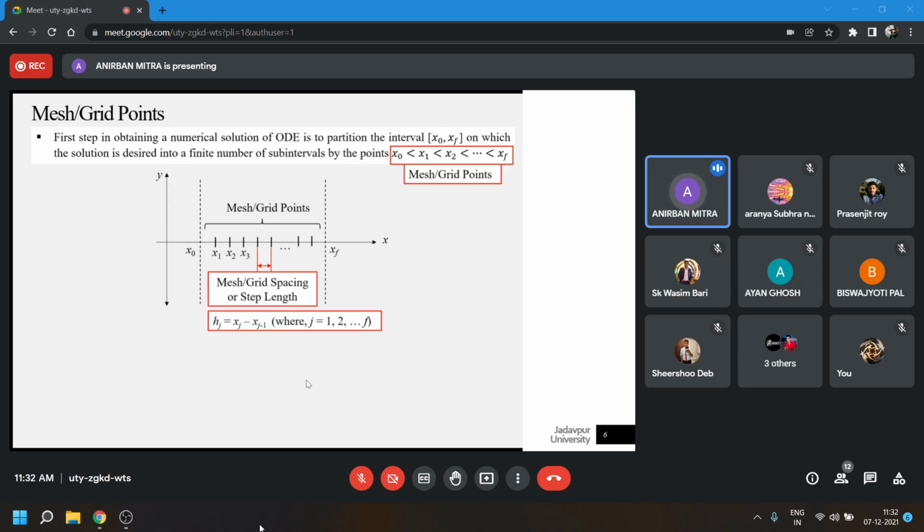The step length can be expressed as follows, where hj, which is the jth step, is equal to xj minus xj minus 1. So that is the x coordinate values of the jth subinterval and j minus 1th subinterval. So if j varies from 1 to f, then we can get the step length for each of the individual subintervals.